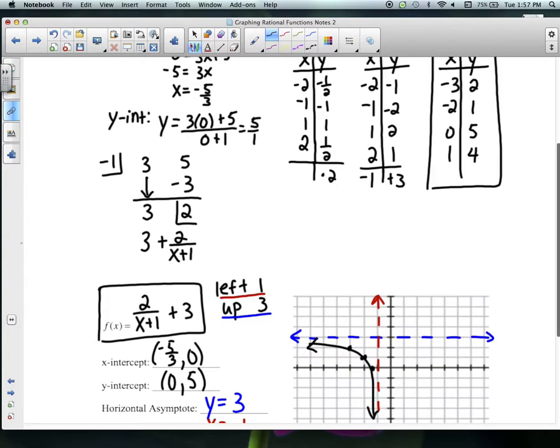Remember to also include your x and y intercepts. They might show up in the table, they might not. And that's it for the branches. We had no reflection here, so it kind of goes in that same direction as our original graph.